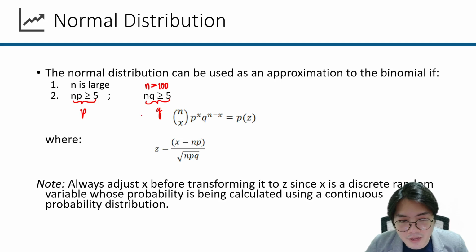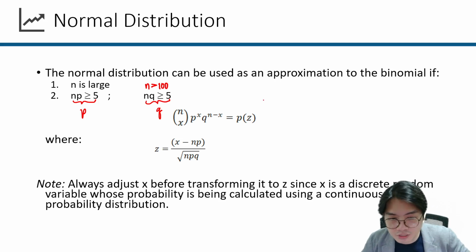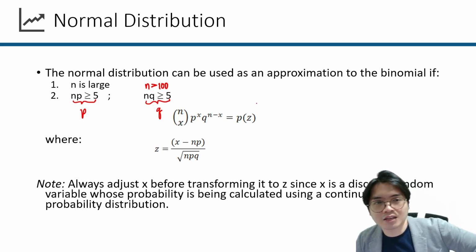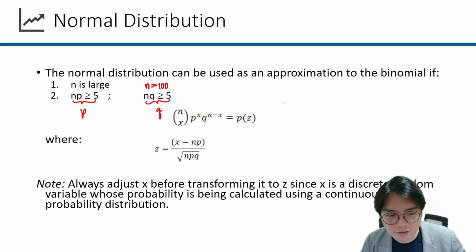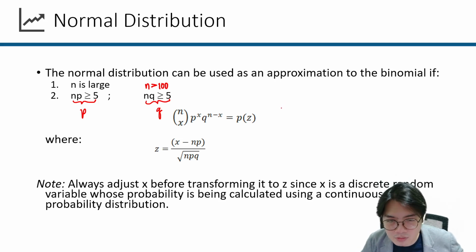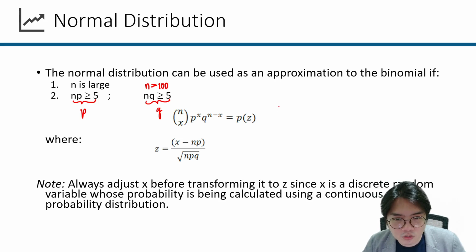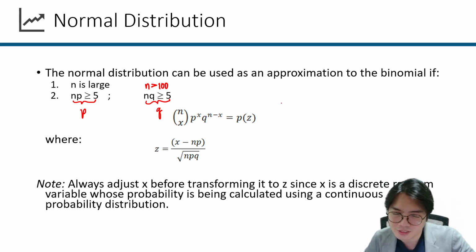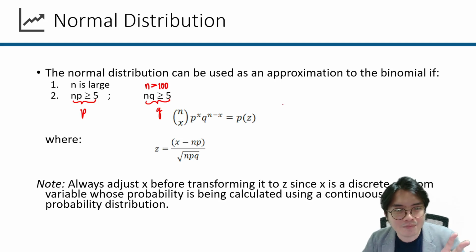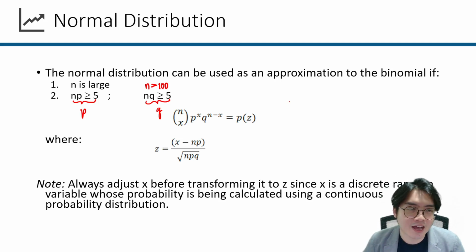Both of them have to be bigger than 5. Then this is a big enough sample set such that it's normally distributed. Why? I don't know if the central limit theorem is part of FNDSTAT, so for now I will leave you on a cliffhanger as to why that is. But yes, you can approximate it as a normal distribution.